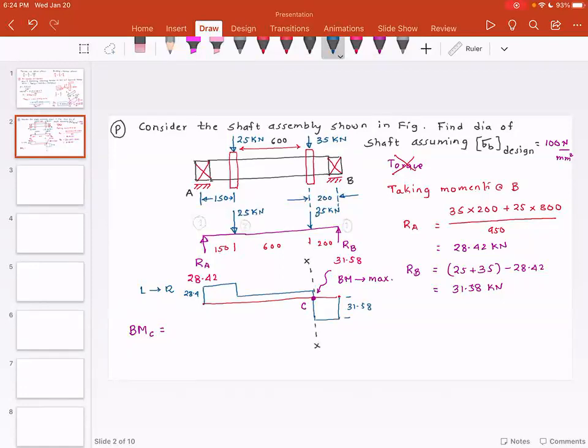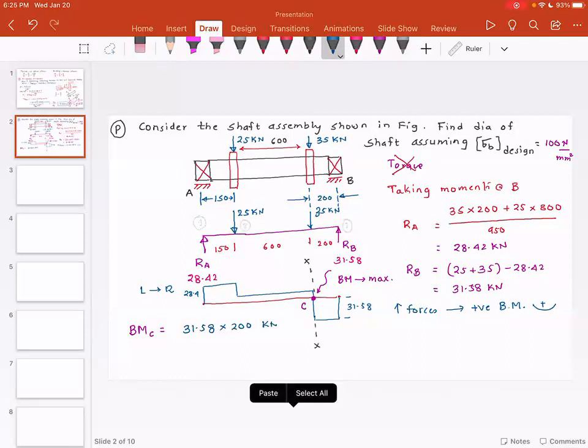And if you look at the moment, here is another convention: upward forces give positive bending moment. So RB is going up. That upward force is going to give you a sagging curvature. That means it will give you a positive bending moment. So that bending moment is going to be 31.58 multiplied by 200.